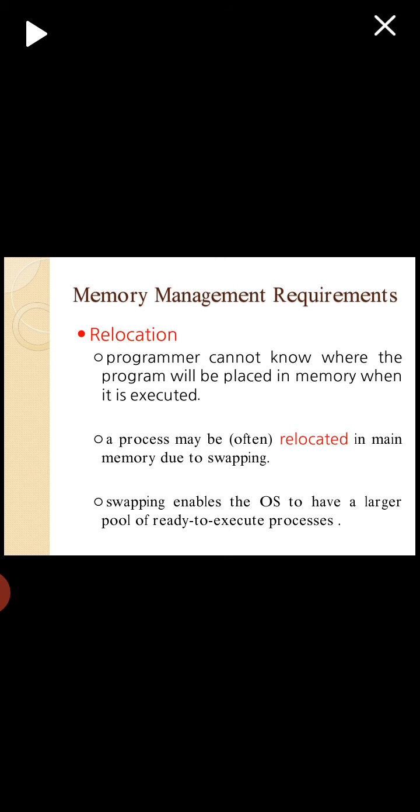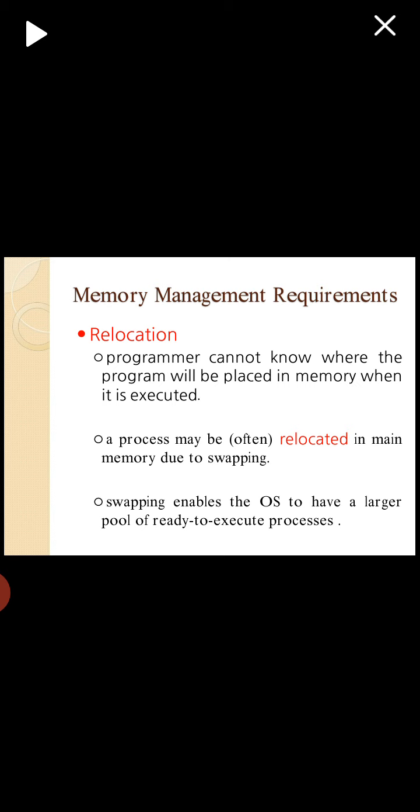So what are the memory management requirements that we will see? First of all, relocation. The programmer cannot know where the program will be placed in memory when it is executed. So a process may be relocated in main memory due to swapping.